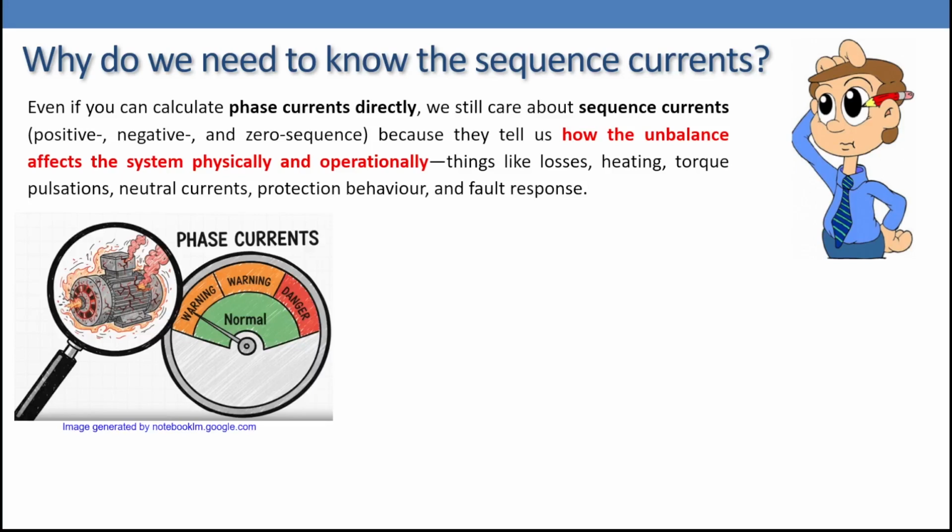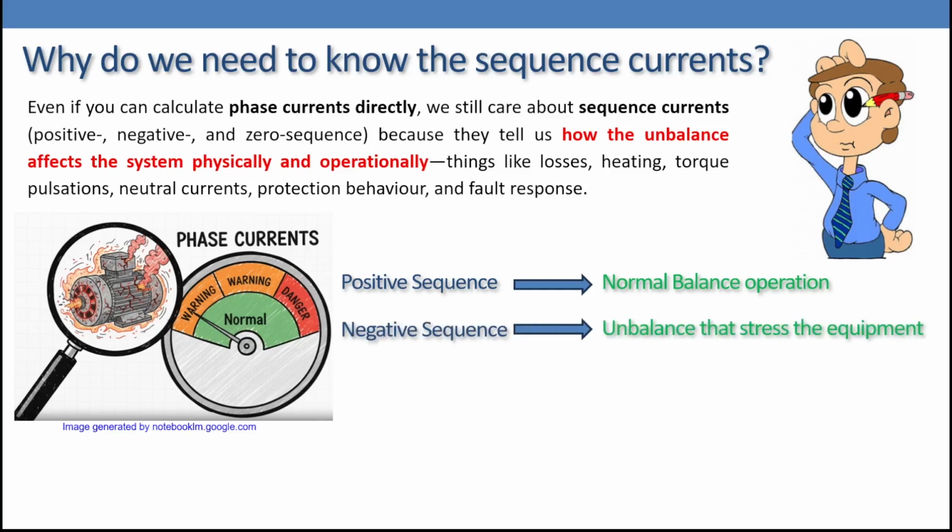For example, if phase currents are unbalanced, the system can give a warning that the currents are not balanced. But under the magnifier, the motor is experiencing a high fault. The positive sequence tells us the normal balanced operation. The negative sequence is the unbalanced part that stresses the equipment.